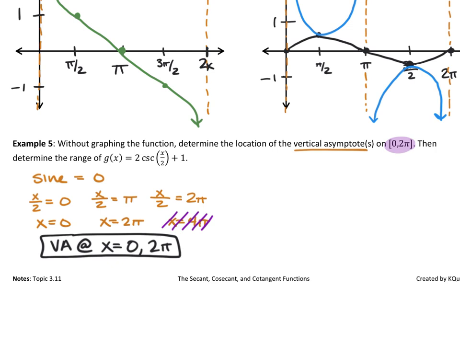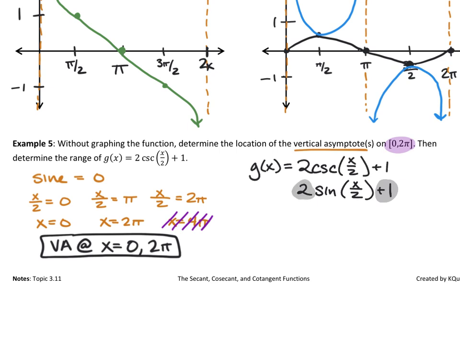To find the range of this function, we're going to think of g of x as its reciprocal. So 2 cosecant of x divided by 2, plus 1, has a related function, which would be 2 sine of x over 2, plus 1. Well, based on these numbers, I know that sine has been moved up and has an amplitude of 2, which means it reaches a maximum of 3 and a minimum of -1.